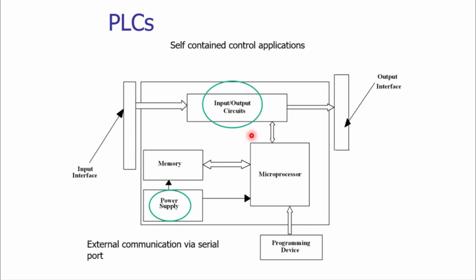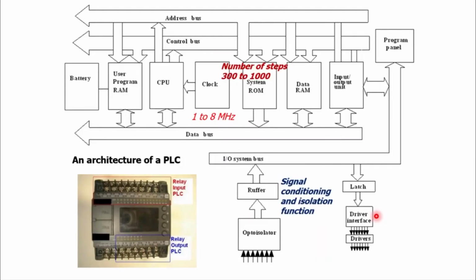The PLCs have input-output circuits and dedicated input and industrially hardened output interfaces so that the circuitry of the PLC will be safeguarded. A little more detail about the PLCs can be seen on your screen.